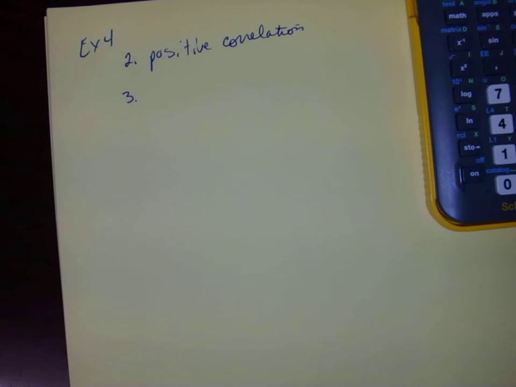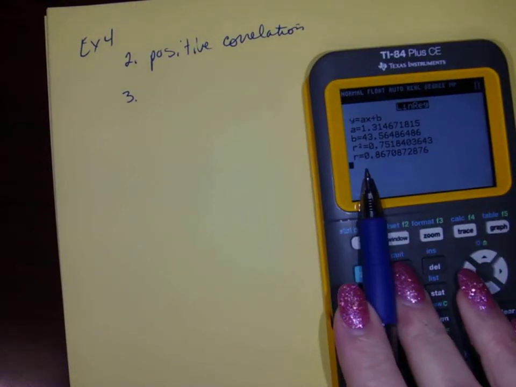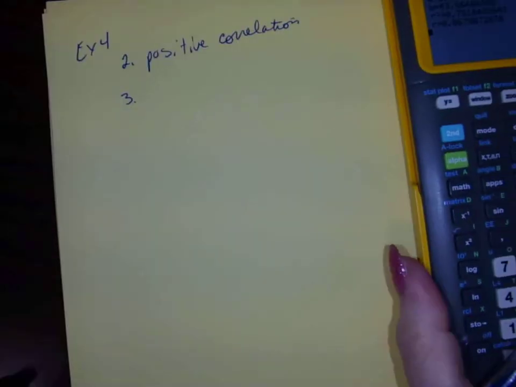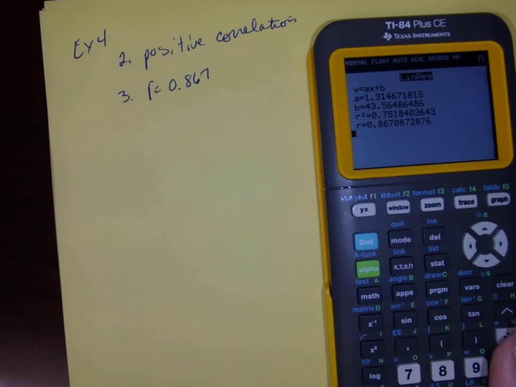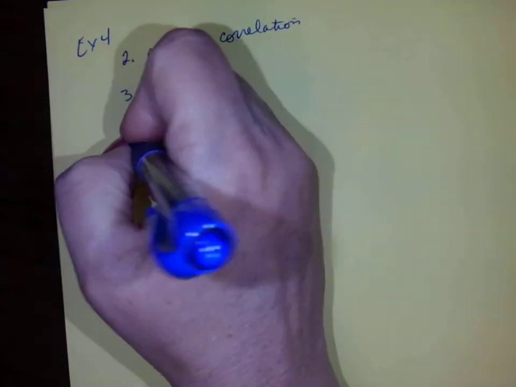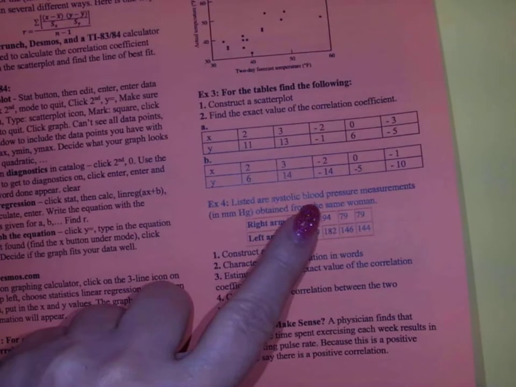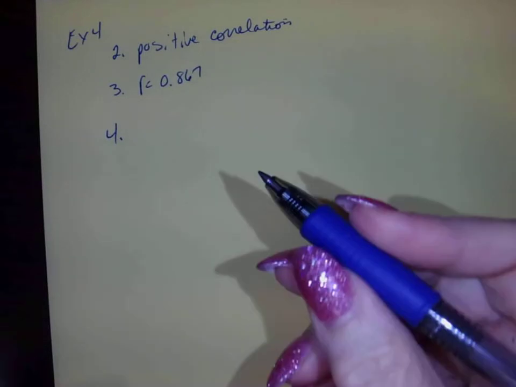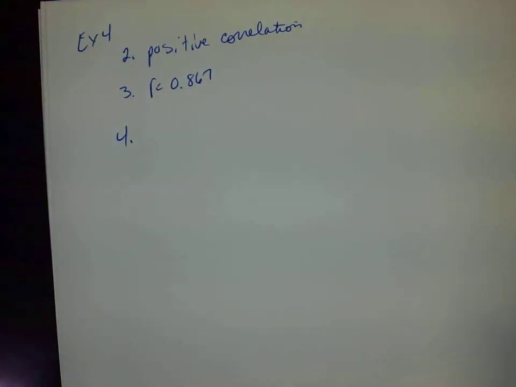On number 3, it said to give us the estimate or to give the correlation coefficient. So it's 0.867. And then for number 4, it says comment on the correlation between the two variables. Well, if it has a strong positive correlation, and what we were looking at was the blood pressure from the same woman in her right and left arm, there's a strong positive, because of the R, there's a strong positive correlation.